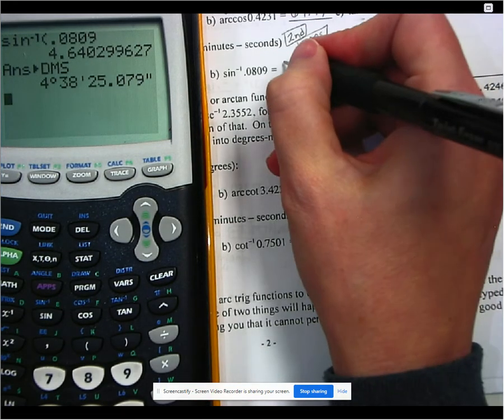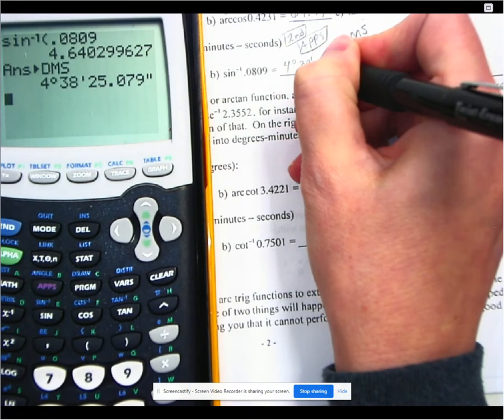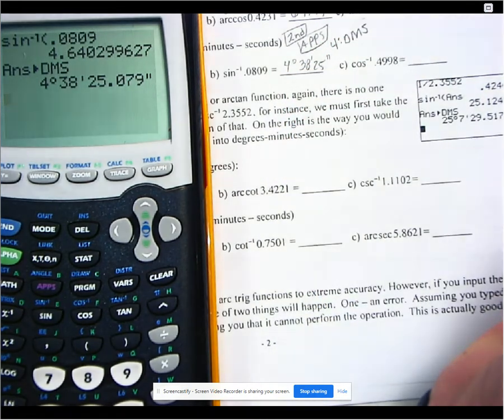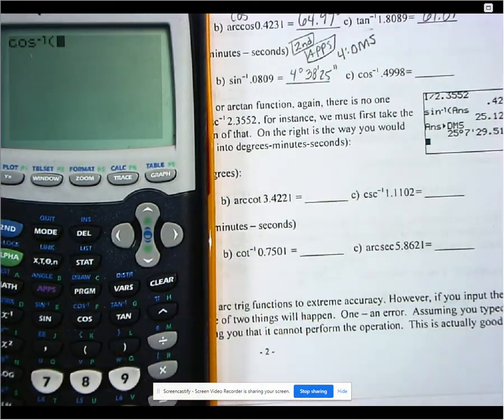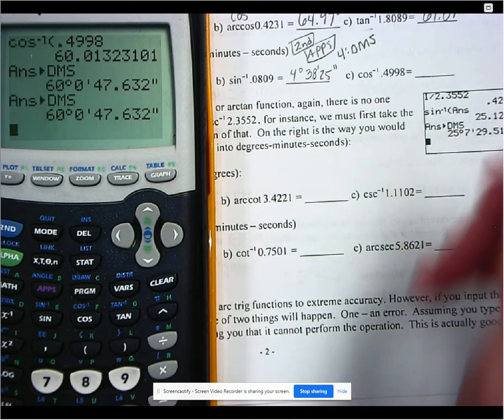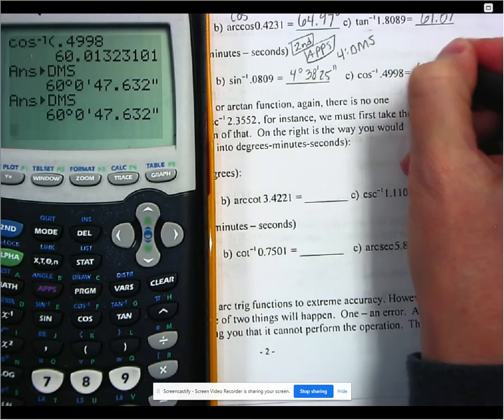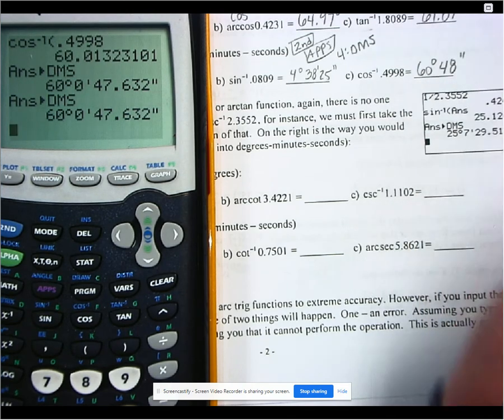There we go. Now we could write 0 minutes if we wanted to, 60 degrees, 0 minutes, but I'm going to skip it and just go to the seconds.